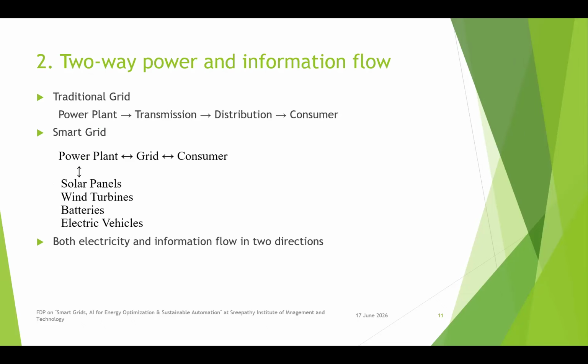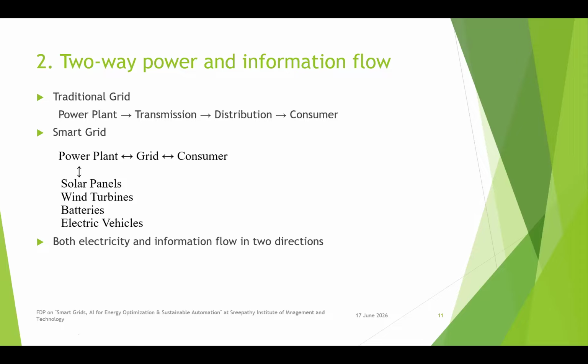Next one is two-way power and information flow. In the traditional grid, power is transmitted from the power plant to the consumer only one way. Compared with that, the smart grid has two-way power and information flow.